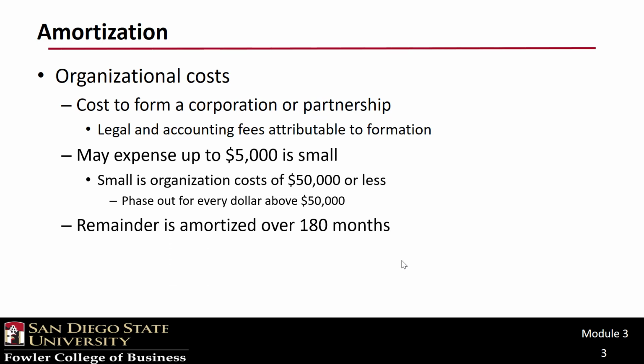In this case, if the org costs in total are less than $50,000, you qualify for the $5,000 expense. As usual, there is a dollar-for-dollar phase-out for every dollar of org costs in excess of $50,000. Whatever is not expensed is amortized over 180 months.